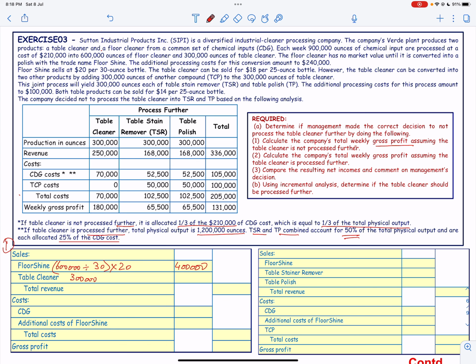The table cleaner will be sold for 18 per 25 ounces, so we have 300,000 divided by 25, and this will be multiplied by 18, so this is equal to 216,000, and the total revenue will be 616,000.